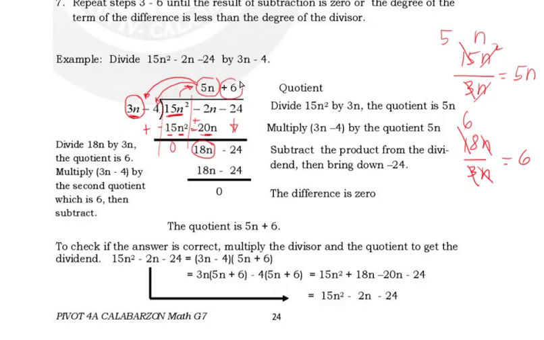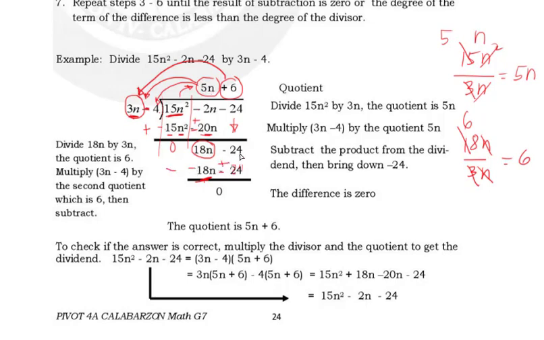Positive 6. Now, we have 6 times 3n, which is 18n. And then, 6 times negative 4 is negative 24. Again, we subtract, so change the sign.